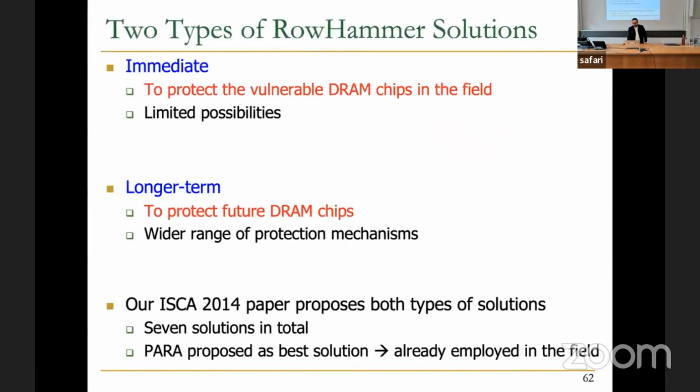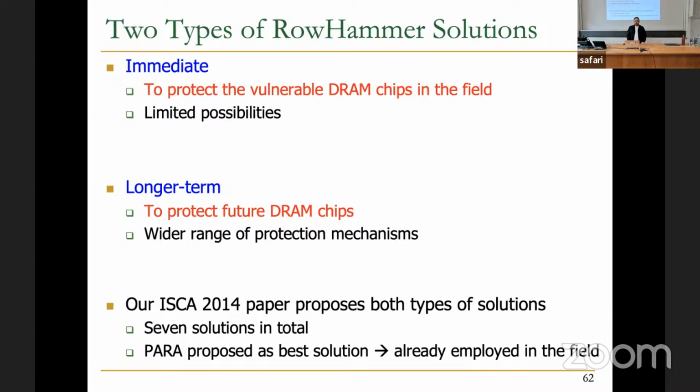And there are some RowHammer solutions, so we are not hopeless in that sense. The ISCA 14 paper defines some immediate and long-term solutions. The immediate solution is basically that you need to update your firmware somehow, and then you mitigate those bit flips, right? So you aim to protect vulnerable DRAM chips in the field with minimal changes to hardware.